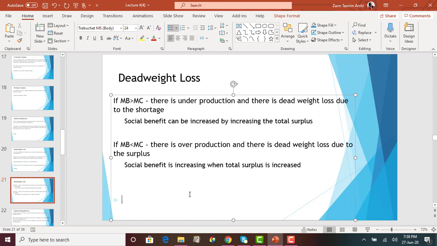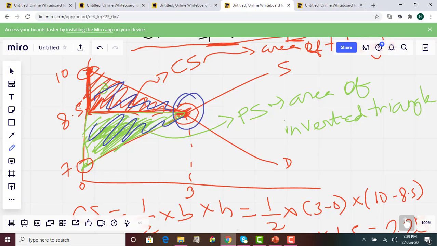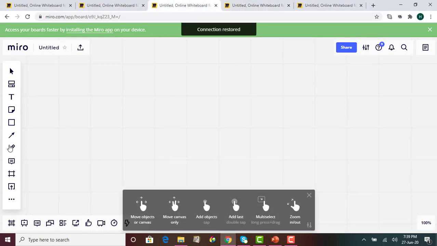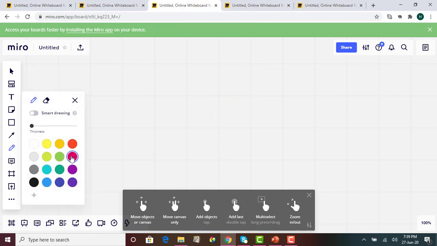And if marginal benefit is less than marginal cost, then we are going to have overproduction, and there will be surplus in the market. Okay, so let me show it to you in terms of a graph, so you guys are clear and you know how to label a dead weight loss.